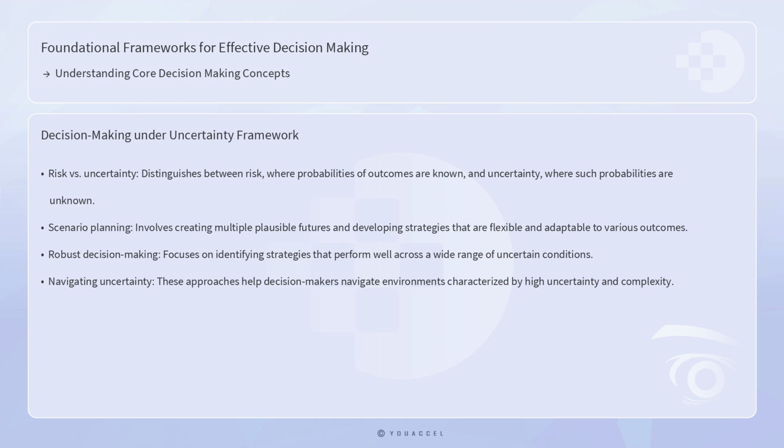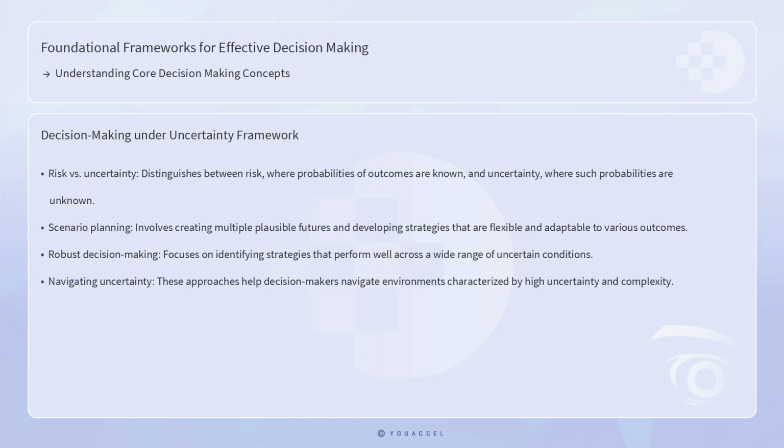Another essential framework is the decision-making process under uncertainty, as proposed by Knight. This framework distinguishes between risk, where probabilities of outcomes are known, and uncertainty, where such probabilities are unknown. Decision-making under uncertainty requires different approaches, such as scenario planning and robust decision-making.